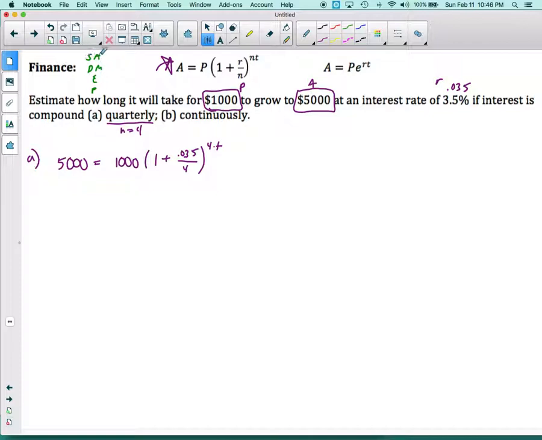So I need to get rid of any subtraction or addition, or any division or multiplication. So I do have some division I can get rid of. I'm going to divide this side by 1,000, and divide this side by 1,000. So that gives me 5 equals 1 plus 0.035 divided by 4, all to the 4 times t power.